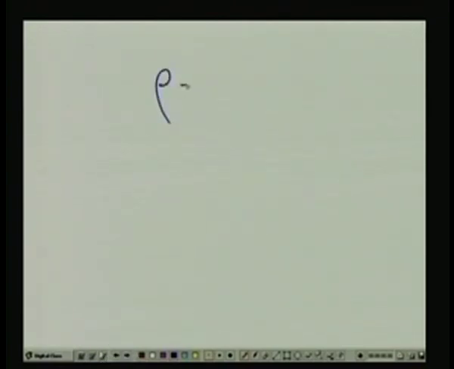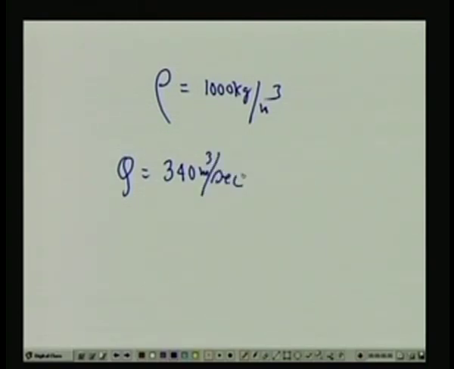So rho equal to 1000 kg per meter cube. From that, if I apply our Venturi meter formula, we will find that Q equal to 340 meter cube per second.